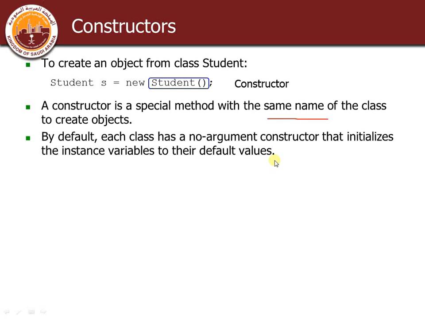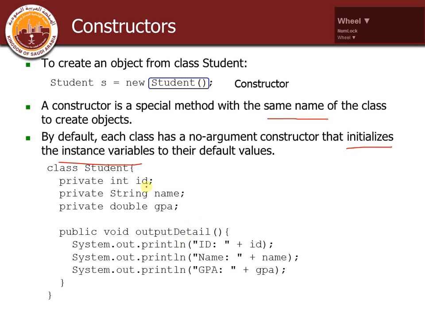So what does a constructor do? Actually, a constructor initializes all the instance variables. Initializing all instance variables means we are going to be putting some initial values into all those variables. If we look at this example again, this class Student has 3 instance variables.